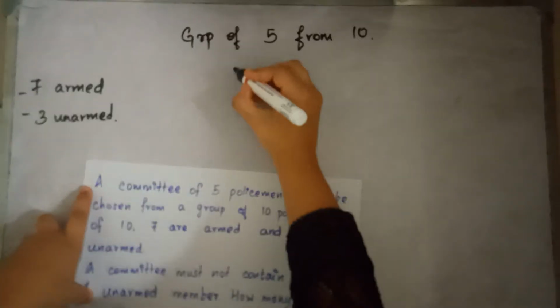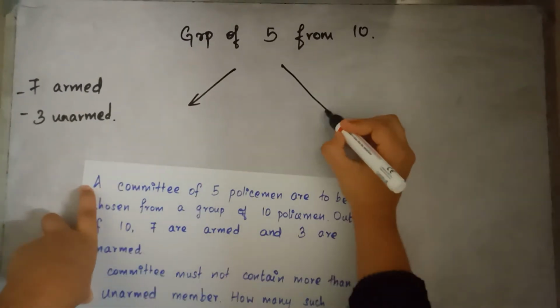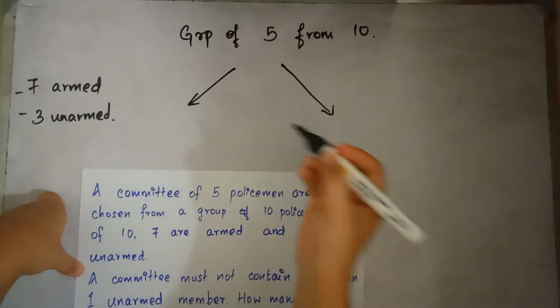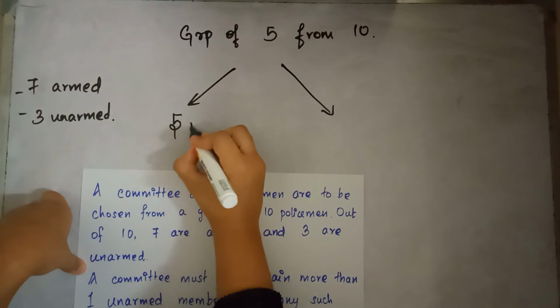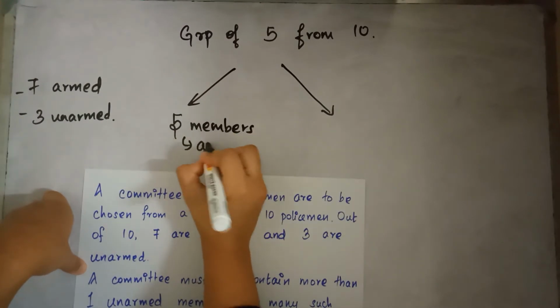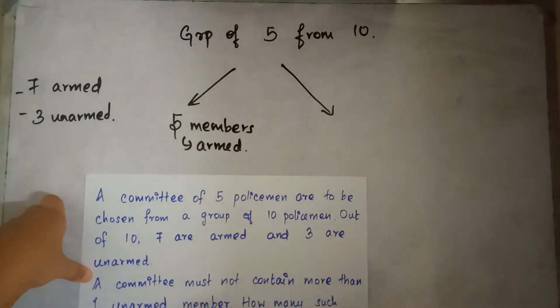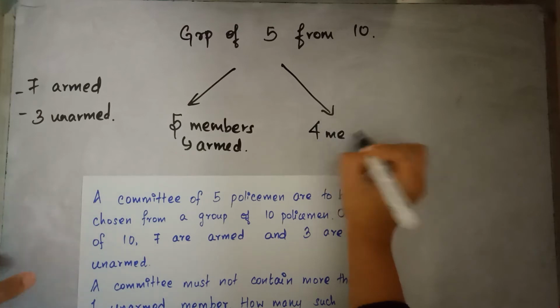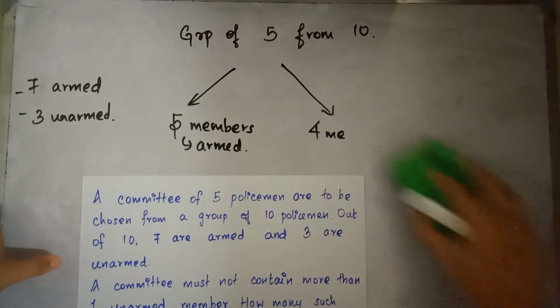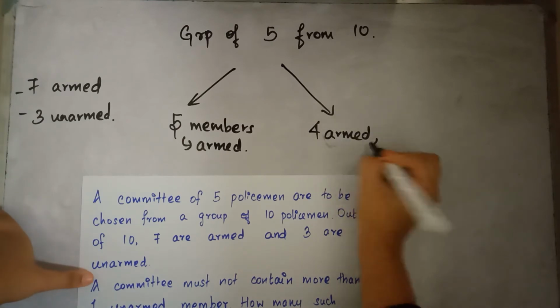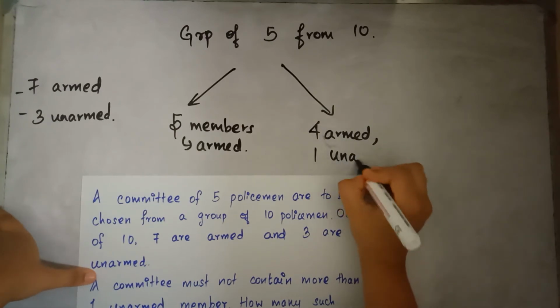That means a committee can be in 2 different forms. First form, it can contain all 5 members as armed members. Or it can contain 4 members as armed and 1 unarmed member.